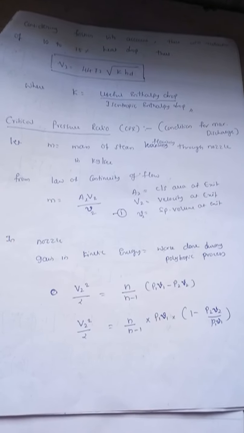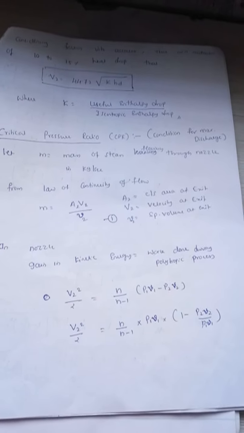That one we have to derive here. At the end of the derivation you should get the maximum discharge, and how much the pressure ratio P1 by P2 should be, I should calculate. So shall I start this derivation now?